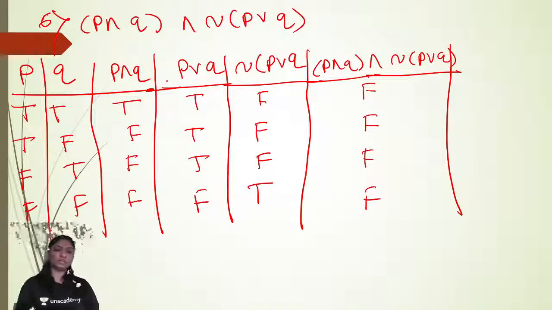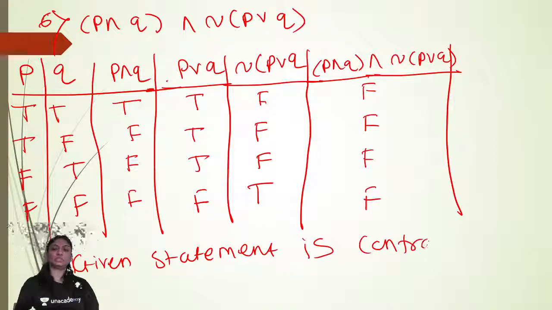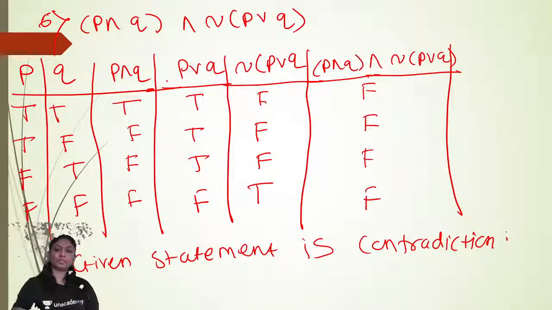The given statement is a contradiction, because all the truth values are false.